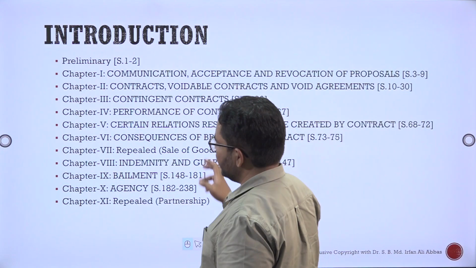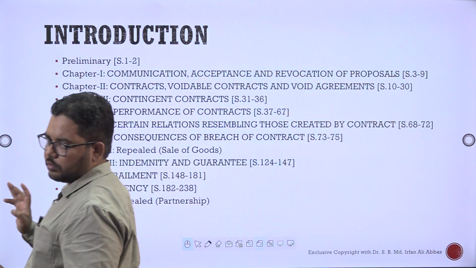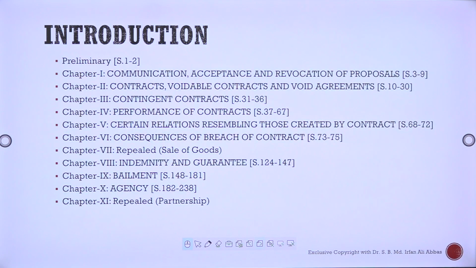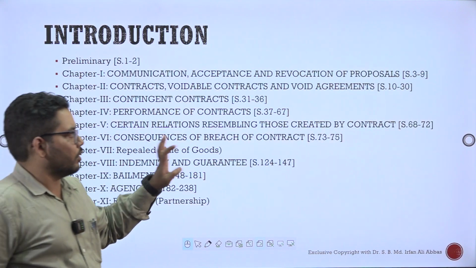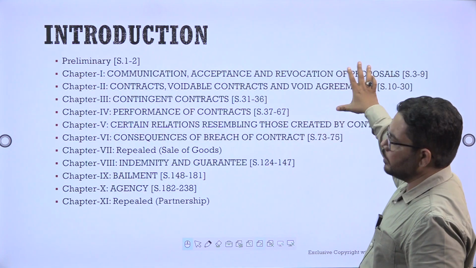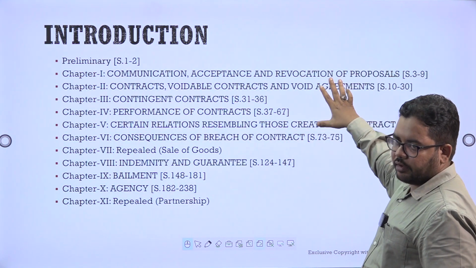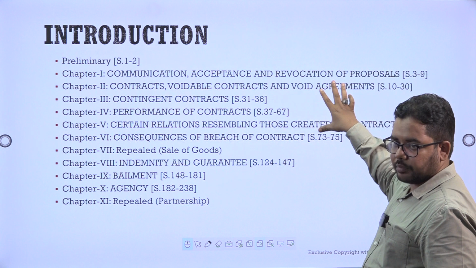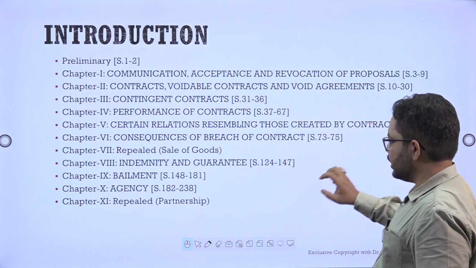Now let us look at the scheme of the enactment. What are the different chapters and what each chapter deals with, what are the provisions. If you see the provisions under the Indian Contract Act, sections 1 to 75 deal with the basic general principles of contract.